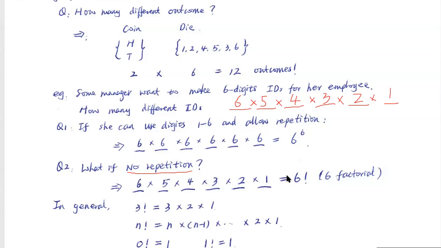We call this 6 factorial. Everybody, 6 factorial, written with an exclamation mark. In mathematics, we call this factorial. That's the notation we are using for our class.